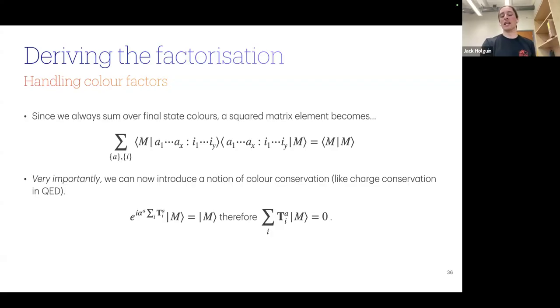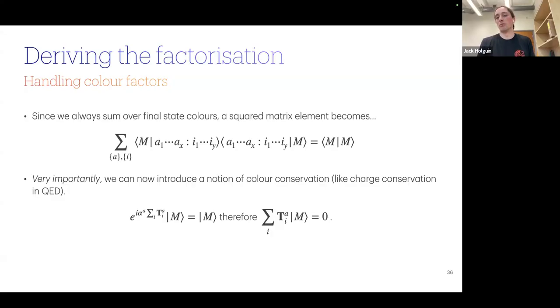That therefore must equal the matrix element as if the gauge rotation hasn't happened, because matrix elements are gauge invariant. And if we expand now for small fixed alpha, we therefore find that it must be the case that the sum over all these abstracted color charge operators acting on a matrix element equals 0.